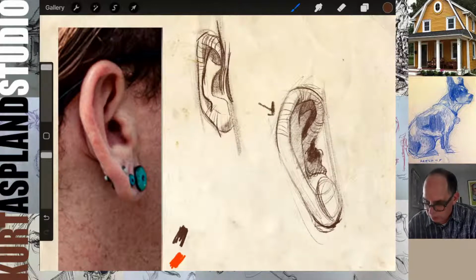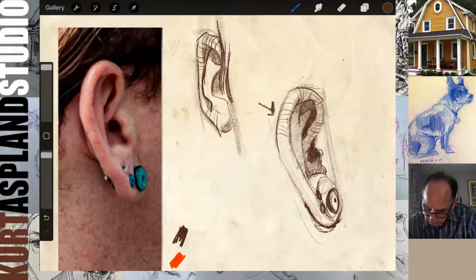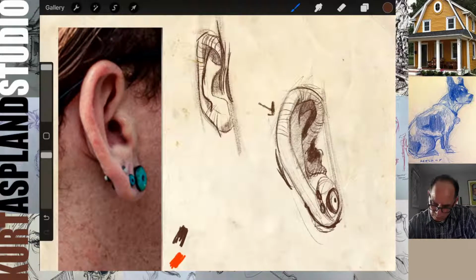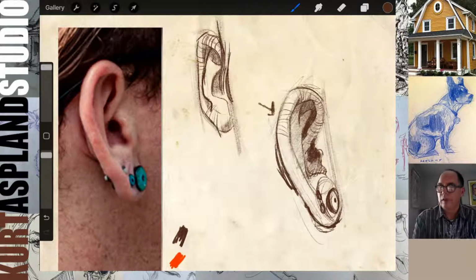Okay. We could even add this earring right there, right? And she has another one there and another one back there. And then right here, this is where the ear, the part that attaches to the head.